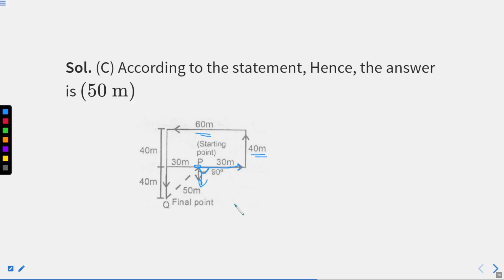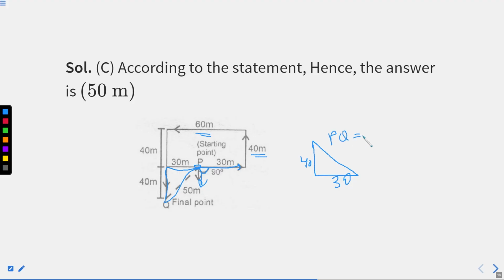In order to find the answer, you will redraw the triangle that is formed here. As soon as we redraw this triangle, we will get two distances. The first distance is 30, the second distance will be 40, and the hypotenuse is going to be the distance between the starting point and the finish point. So for that, you can use the Pythagoras theorem to find PQ.